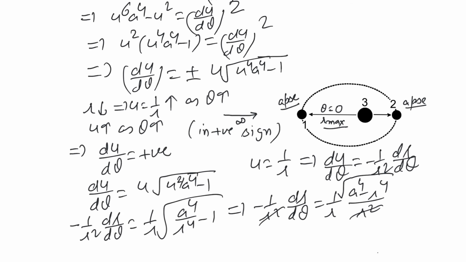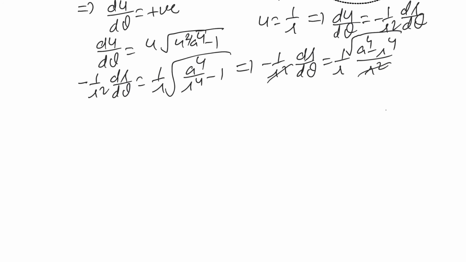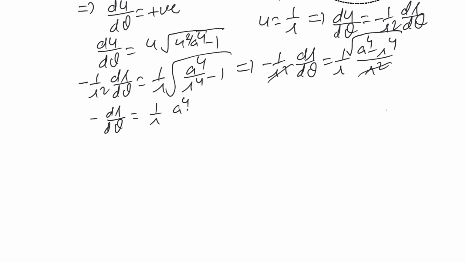This implies, again we write that minus dr by d theta is equal to 1 by r square root of a4 minus r4. Now separating the variables, we get minus r dr by square root of a4 minus r4 is equal to d theta.